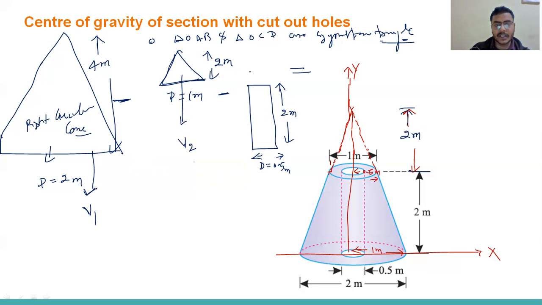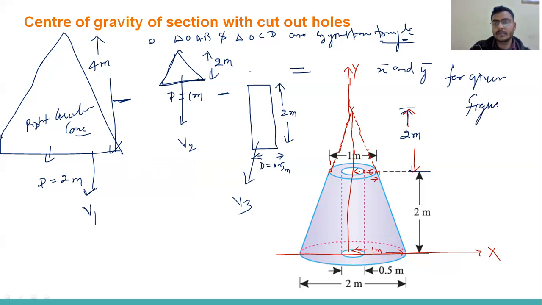Then we have deducted the cylindrical portion, that will come under V3. So finally, by doing this, you will get the x bar and y bar for the given figure. Are you getting the point?